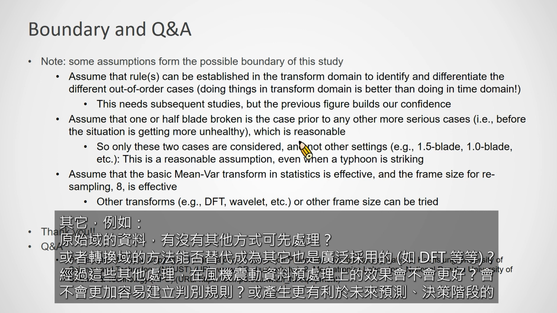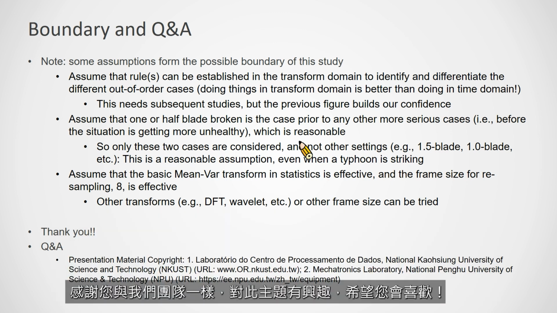This assumption is reasonable. And we assume that the basic mean bar transform in statistics is effective, and the frame size used for our resampling job is effective too.